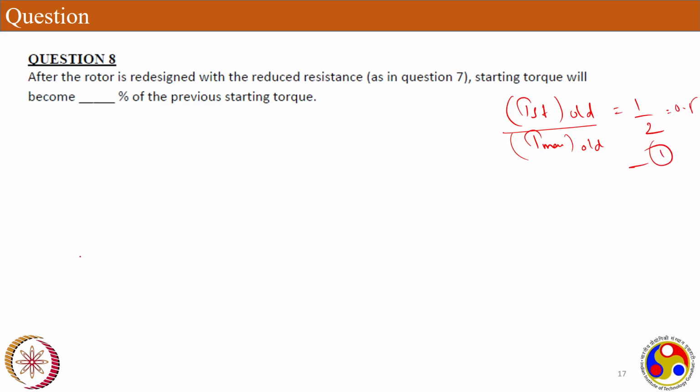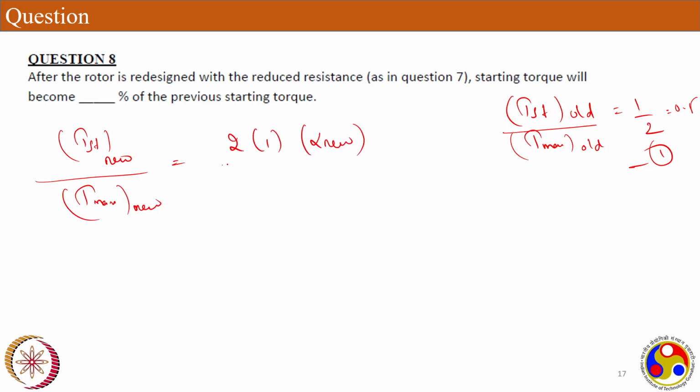Now with the redesigned value, we will see the ratio T starting new to T max new. At starting, the slip will be 1 anyhow. Now alpha new will be there, so 1 plus alpha new. As in question 7, what is alpha new? 0.1749. So 2 times 0.1749 divided by 1 plus 0.1749 square.